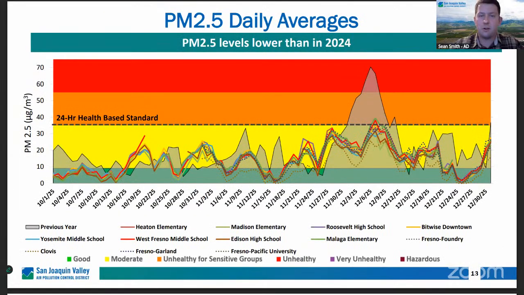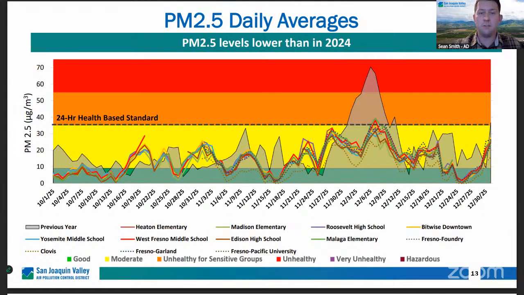So this chart depicts it here. It's kind of hard to see exactly how many days, so we counted them. I have a chart here on the side. In 2024, the unhealthy for sensitive groups days was 7, whereas in 2025, it was only 3. And for the unhealthy category, for 2024, we only had 3 days.